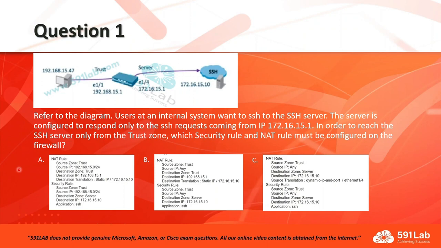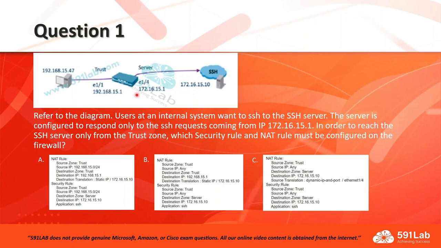So from the lab simulation, we can find that if we need to go to this server, with a specific IP address that is the only one allowed, we need to do the NAT rules.